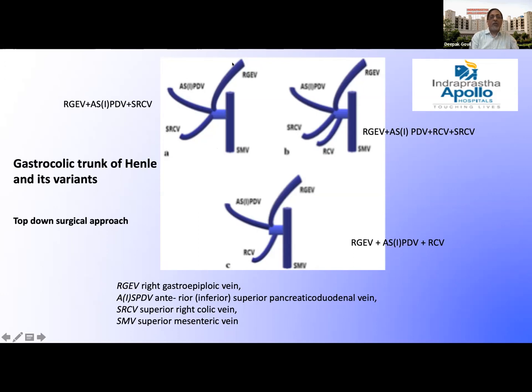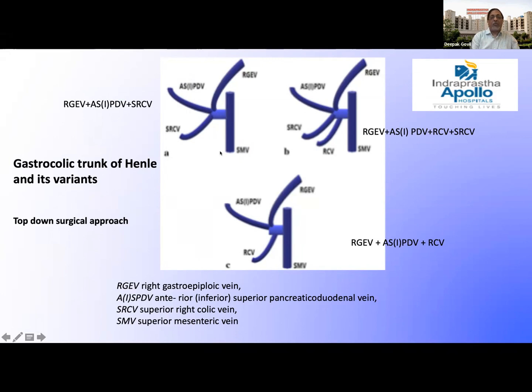So these are the areas, and you go through. This is the gastrocolic trunk of Henle. This forms the right gastroepiploic vein, the anterior superior or inferior pancreaticoduodenal vein, and then the right colic vein or a superior right colic vein. So there can be a lot of variations.